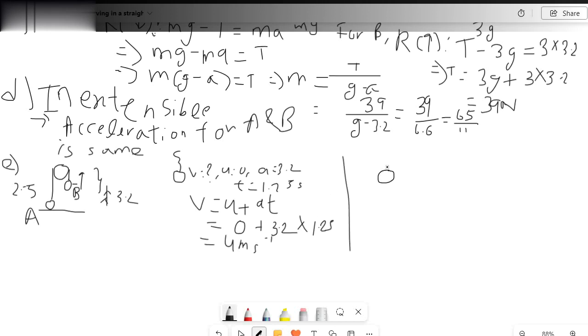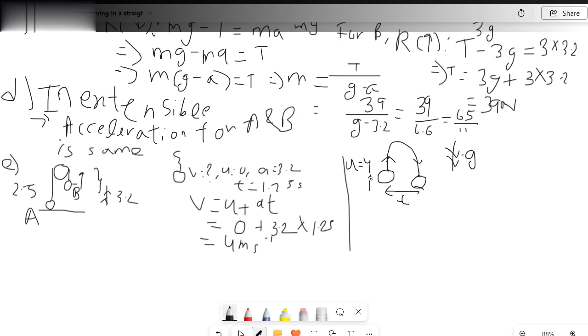So now B starts moving under free fall because the string is slack, and the motion looks something like this. The initial velocity is 4 because this is the speed at which the string becomes slack, and the acceleration is g again, which is negative because we are considering the initial upward velocity as positive. Let the total time taken be t.